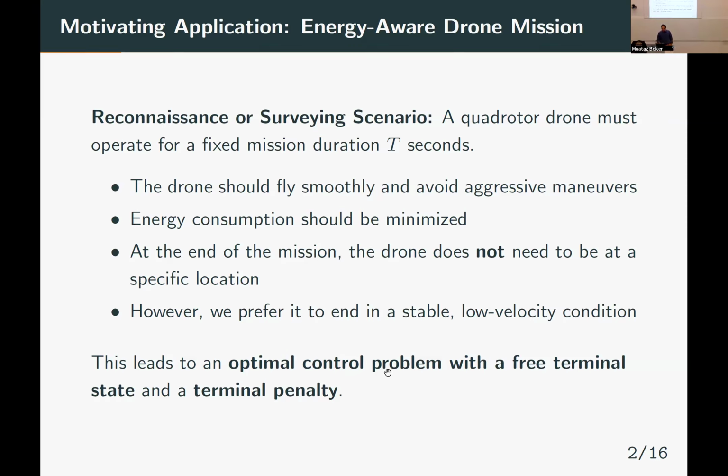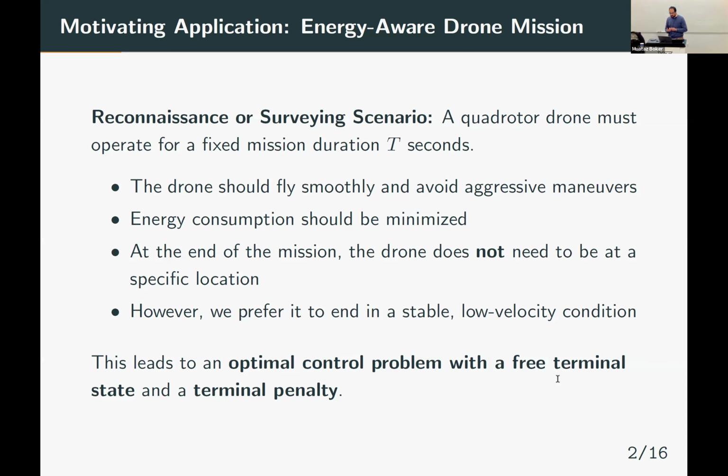But this is basically an optimal control problem with a free terminal state and terminal penalty. So this is our first job. Our first job is to determine what type of problem this is. Okay, what type of problem is this?